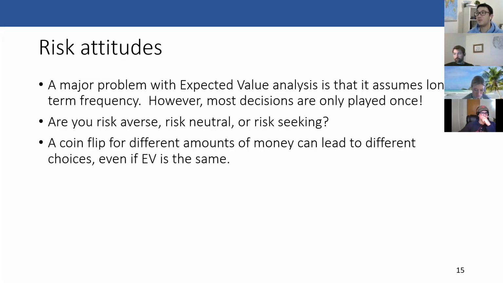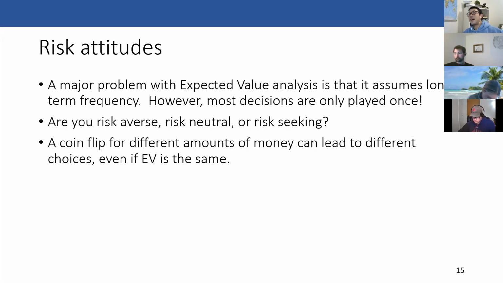If you are risk neutral, then you don't care about either of those decisions because the expected value is the same. But some of you may have a particular choice about whether you take that guaranteed 50 cents or whether you'd rather flip the coin to get double the payoff, right?